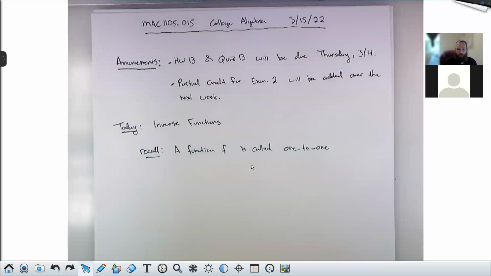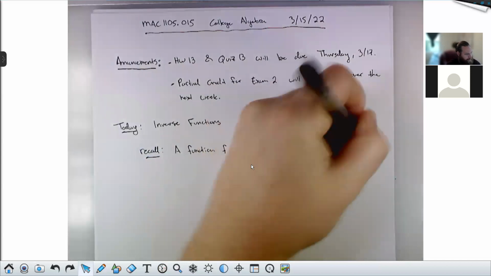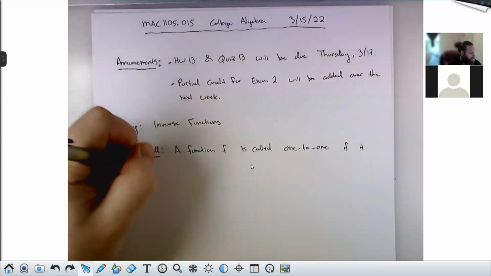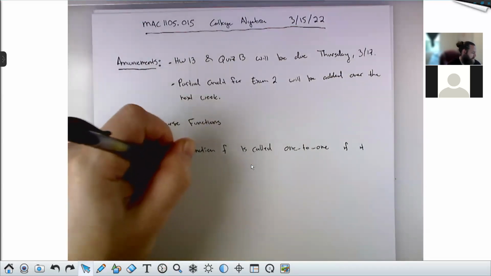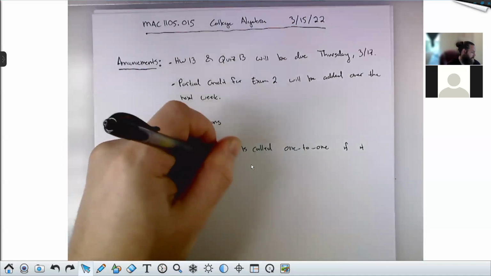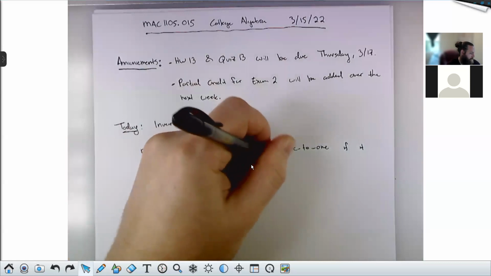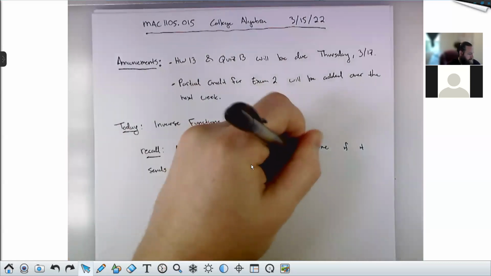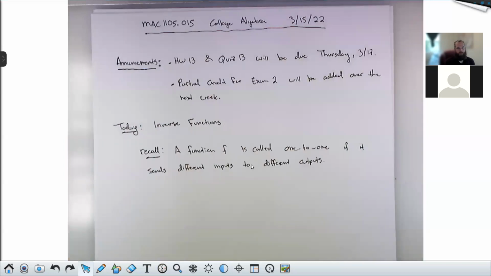So a function f is called one-to-one if different inputs go to different outputs. That's sort of the simplest way to say it. If it sends different inputs to different outputs.